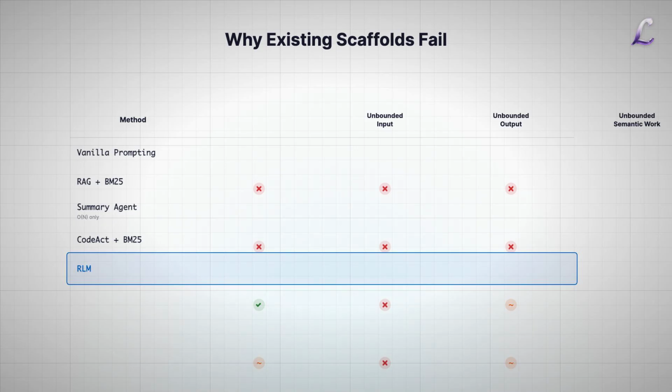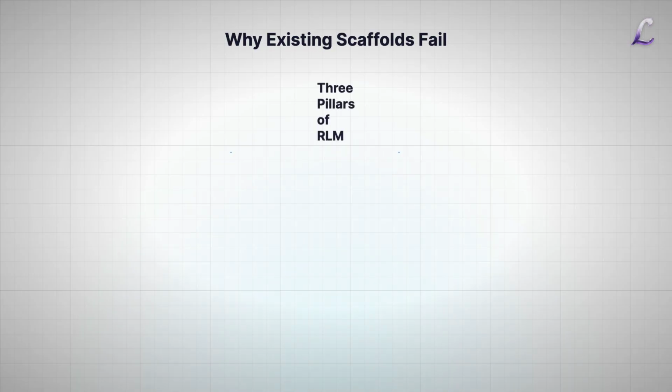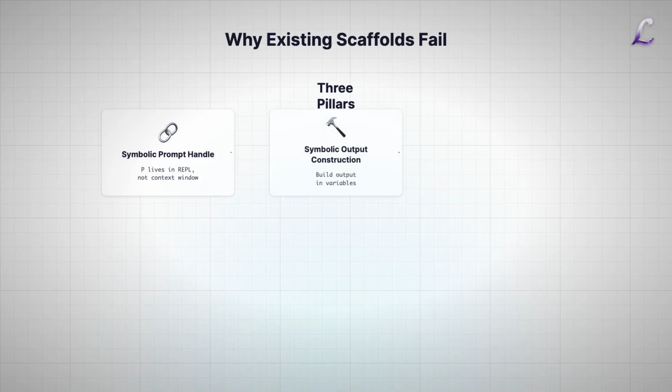Even CodeAct fails. It gives the model a REPL, but the model tries to print the file, flooding its own context window. You need all 3 pillars of the RLM: a symbolic handle for the prompt, symbolic output construction, and symbolic recursion. Remove any one of these, and the system collapses.